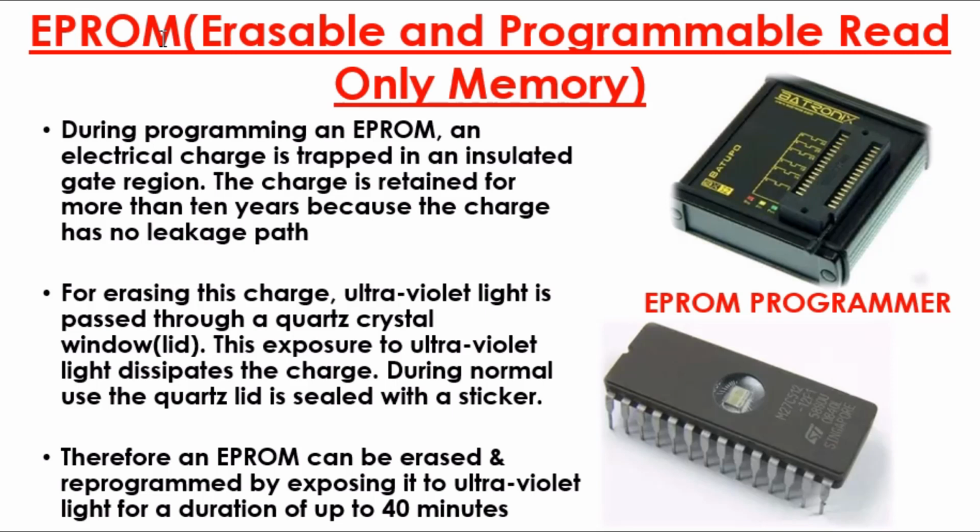And this is done by passing ultraviolet light through a quartz crystal window or lid. This exposure to the ultraviolet light dissipates the charge. We all know that during normal use, the quartz lid is always sealed with a sticker.